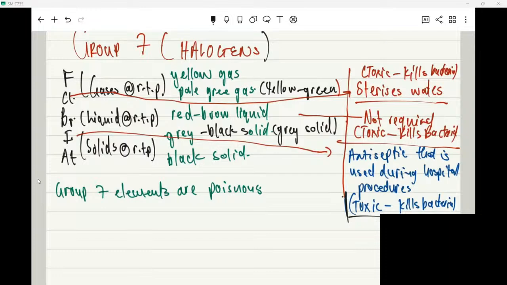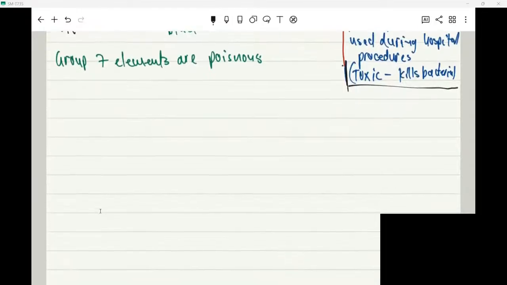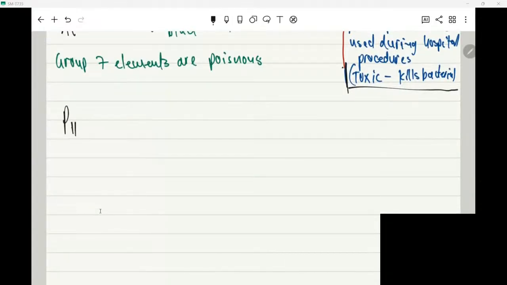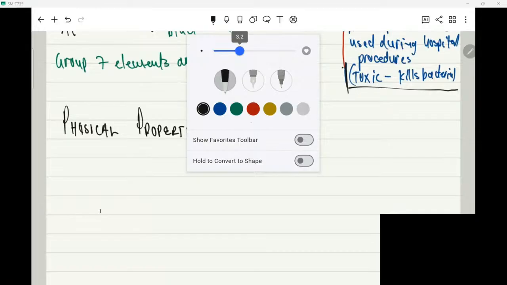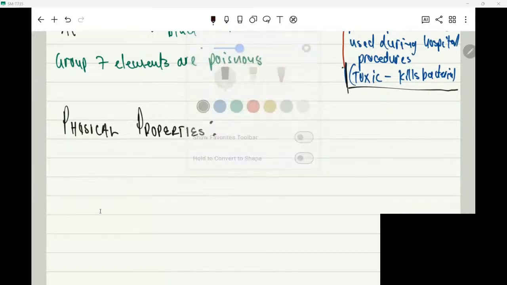What they usually talk about is their trends. Let's talk about their physical properties that are important. Physical properties of group 7. What can I write that you must know?